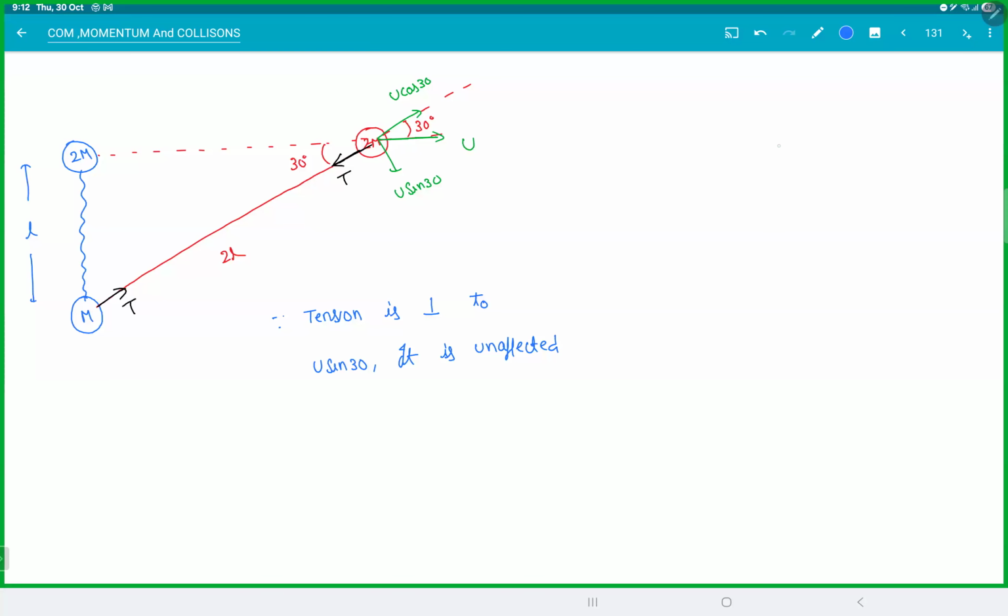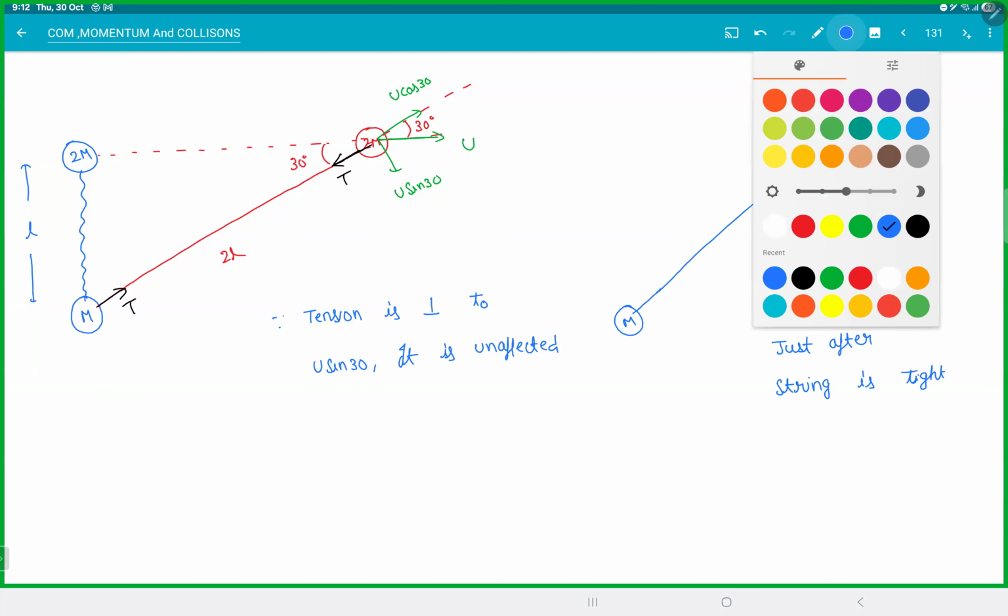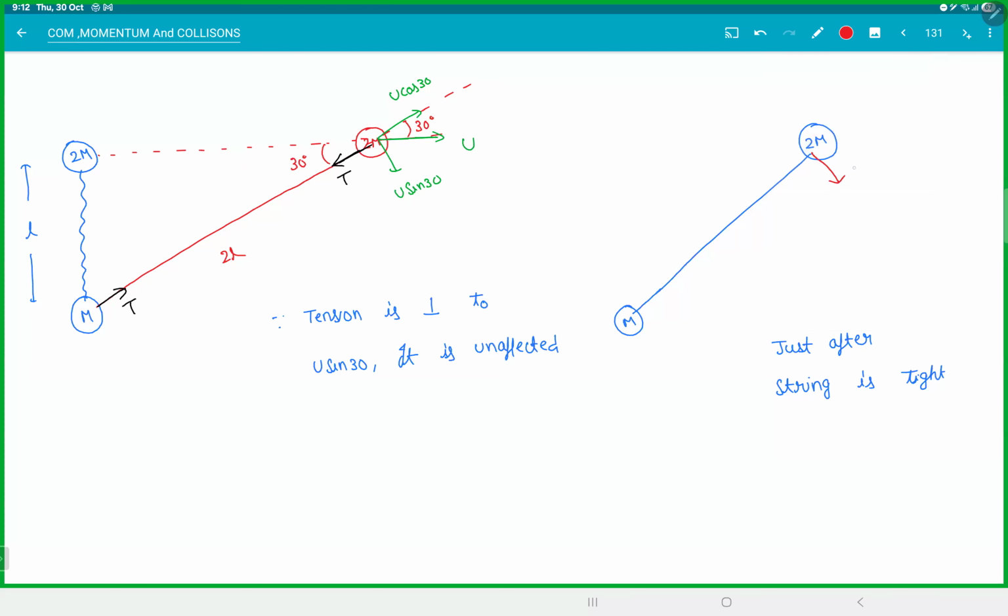That means just after the string becomes tight, the picture will look something of this sort. This is just after. So this perpendicular component will be unaffected. So this guy will be u sin 30 only.